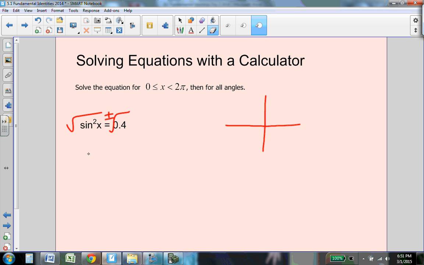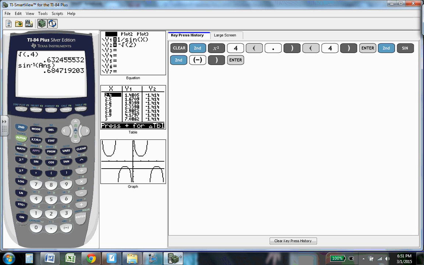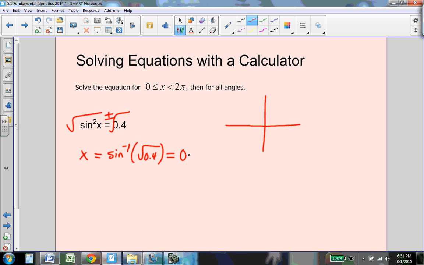So what we just found out was that x equals the inverse sine of the square root of 0.4, which is 0.685.